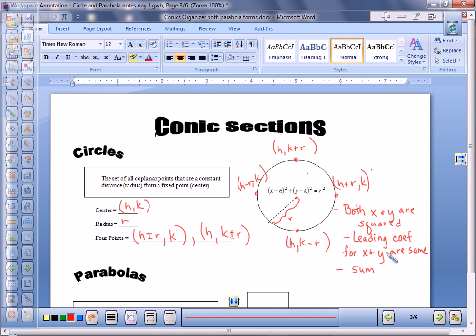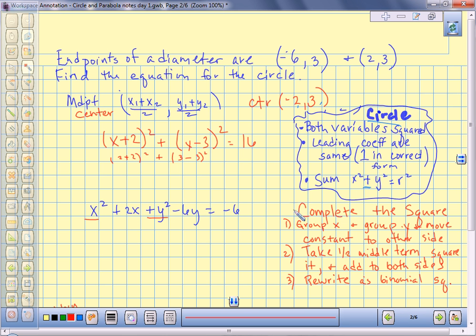All right, to get this in the right form, do you guys remember how to complete the square? No. All right, so let's talk through the steps. How do I know this is a circle? Well, first of all, it's an x squared and a y squared. Both my variables are squared. Check.